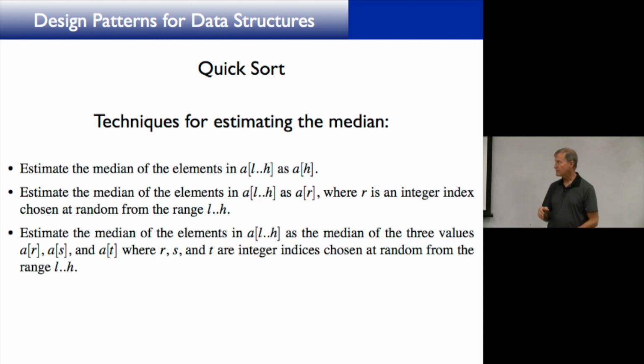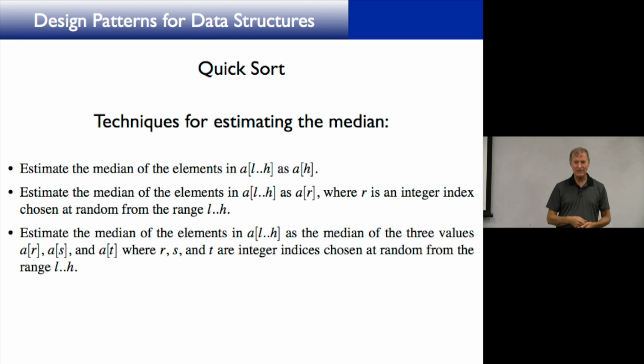Now, check this out. Some quicksort algorithms just pick the one at the end. Pick A sub h and say, well, one is just as good as another. Well, I'll just pick this element that's in the list. And I just pick the last one. All right?